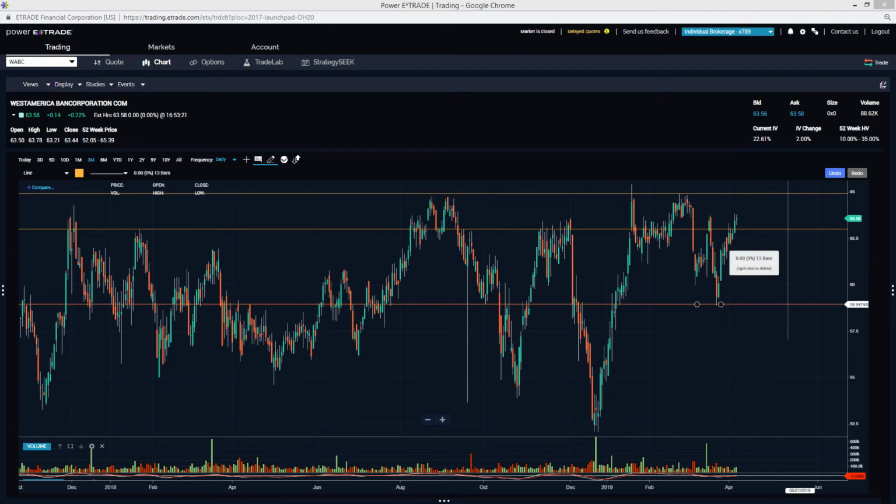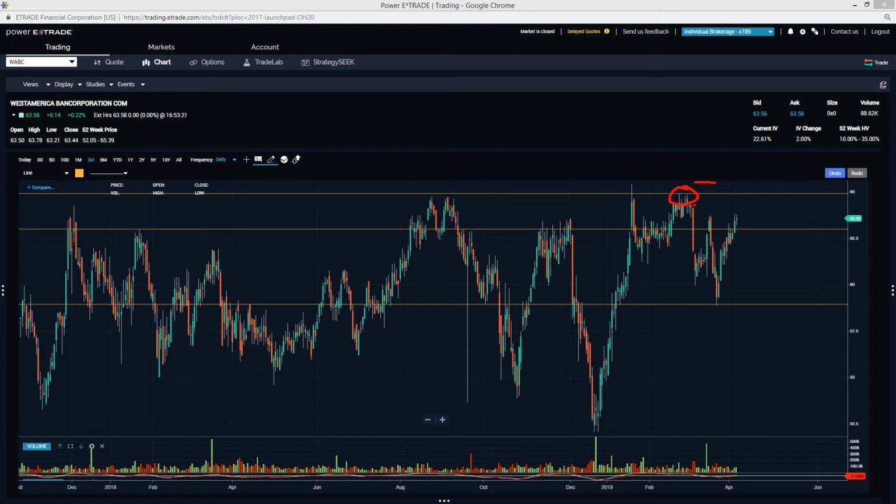I really wanted to see this crack down to this 58 level, but we got out as soon as it broke because it was a pretty big move. And once it makes some pretty big moves, it tends to make opposite moves pretty quick after. So that's what you want to look for: as soon as it approaches this resistance, get in short for resistance, long for support, set that stop loss, and let it sit there, because these will be long swing trades.